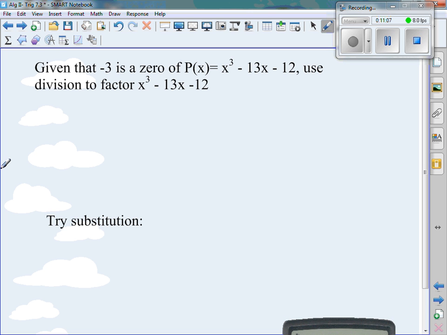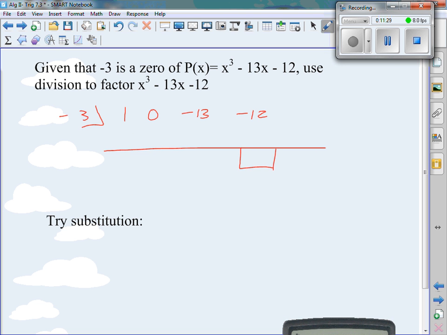All right, try this problem. For synthetic division, negative 3, what do I put in my top row? 1, 0. Why is it a 0? Because you don't have an x squared. There's no x squared. Draw a line. Box.